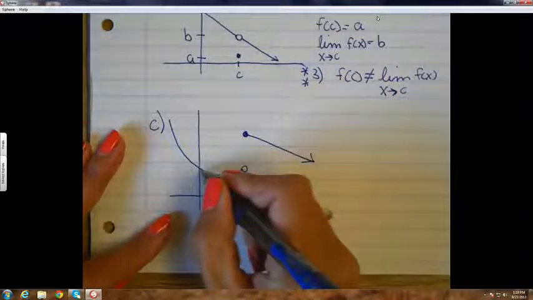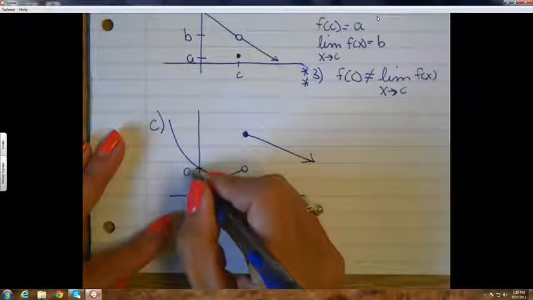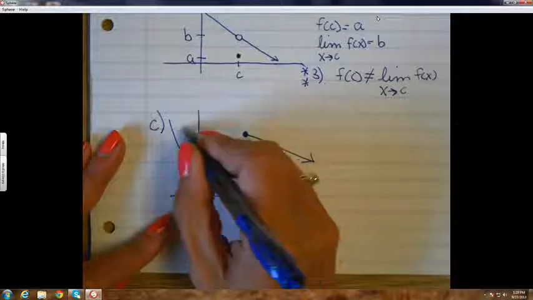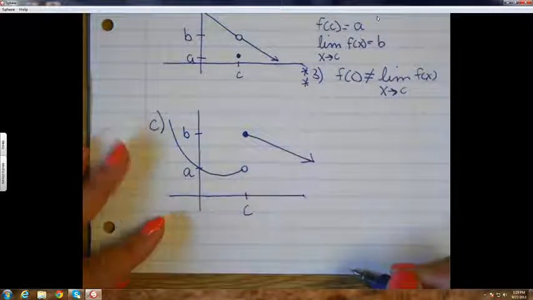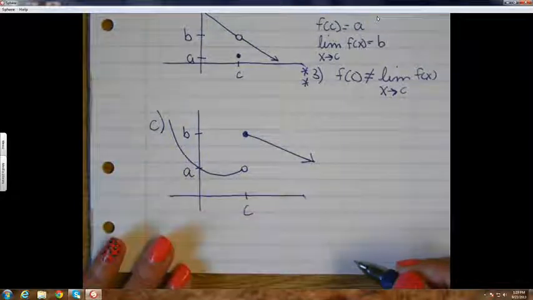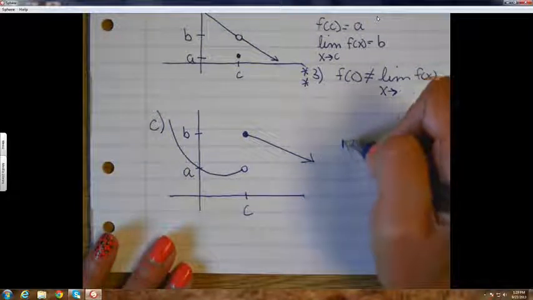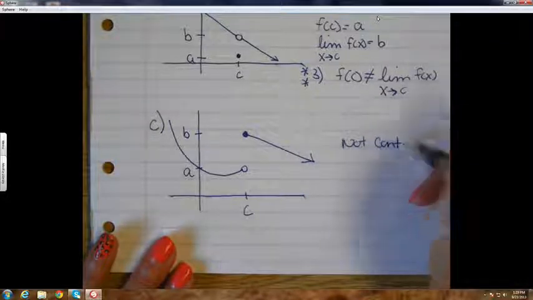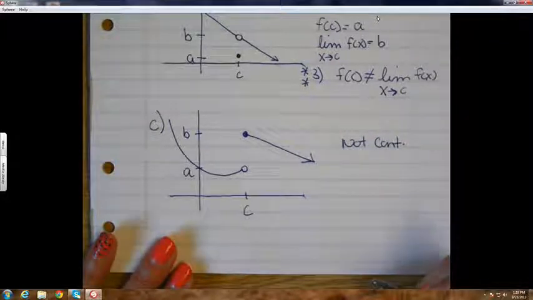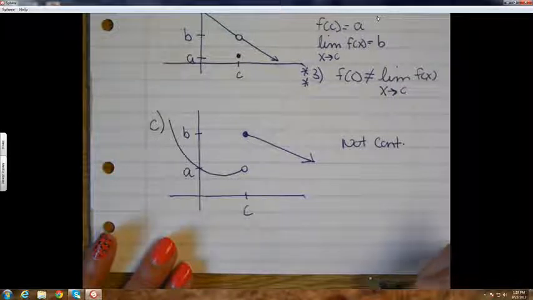We'll put the hole here at a, the point here at b, and we're going to put our c right there. So, obviously not continuous. We're going to look at all three parts and talk about why it's not continuous.